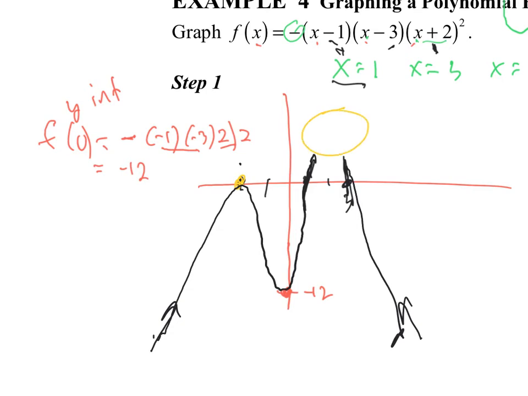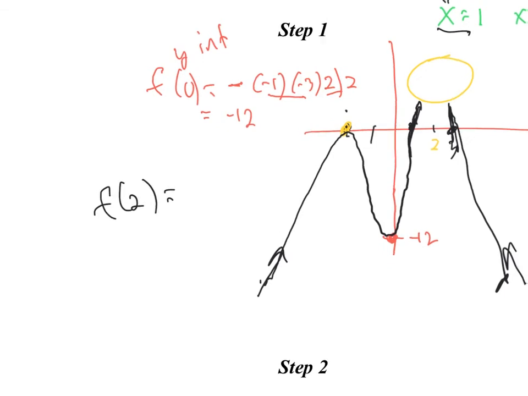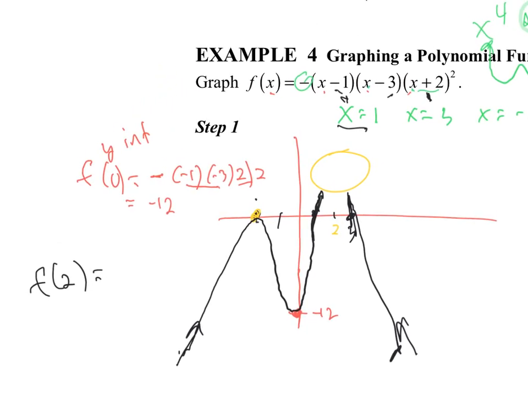I don't really know. If you wanted to know, we could say, well, what x was that? This x is a 2. Is it going to hurt me to take 30 seconds of my life and ask myself, what happens at f of 2? F of 2 would be pretty easy to do. You still have a negative.